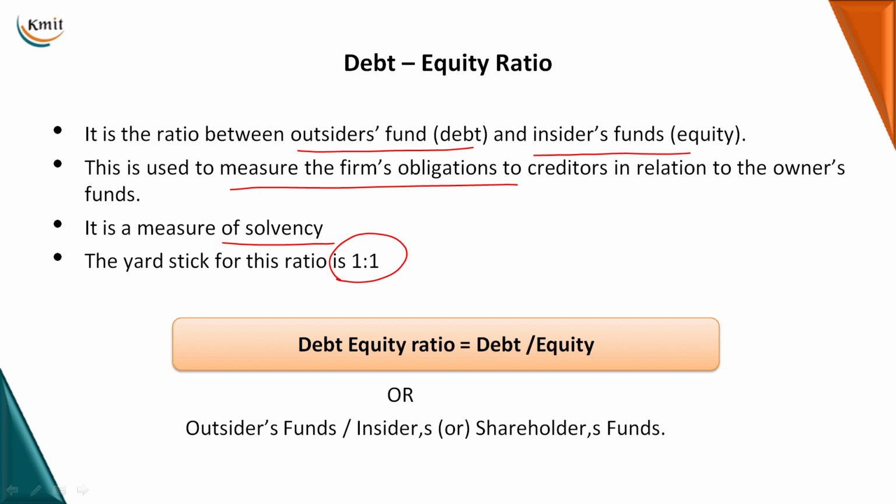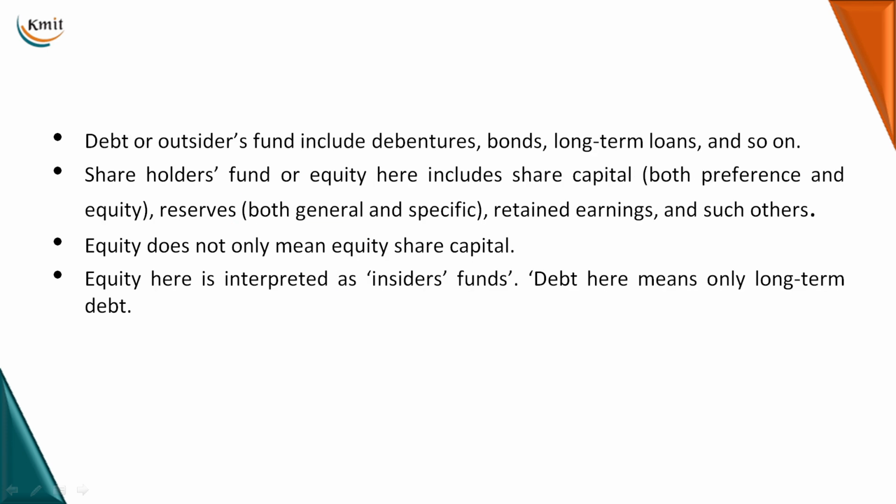The formula used to calculate the debt equity ratio is debt divided by equity, or else the outsiders funds divided by the insiders or shareholders funds. Debt or outsiders funds includes debentures, bonds, long-term loans, and so on.